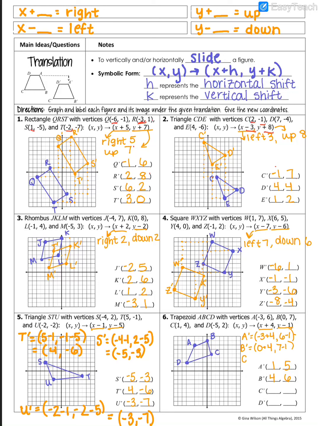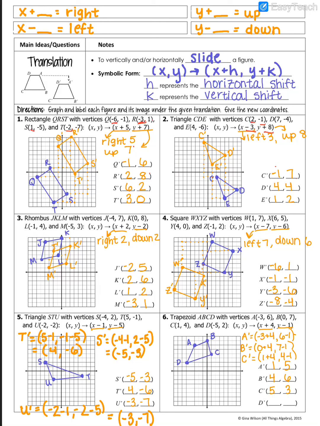C prime is 1 plus 4, and 4 minus 1. So 1 plus 4 gives us 5, 4 minus 1 gives us 3.